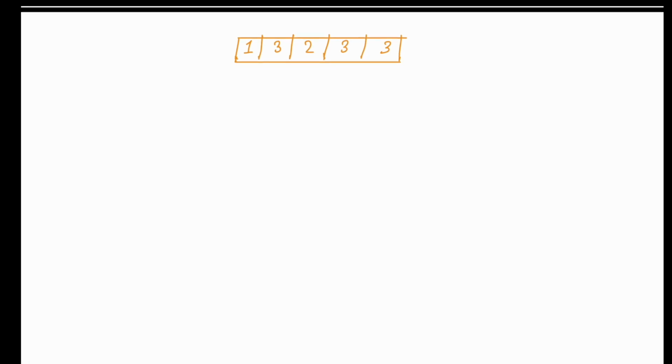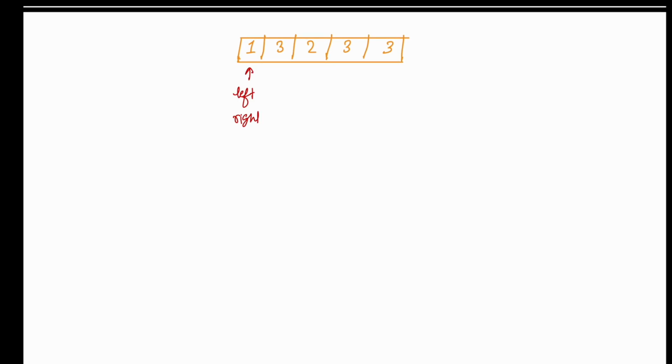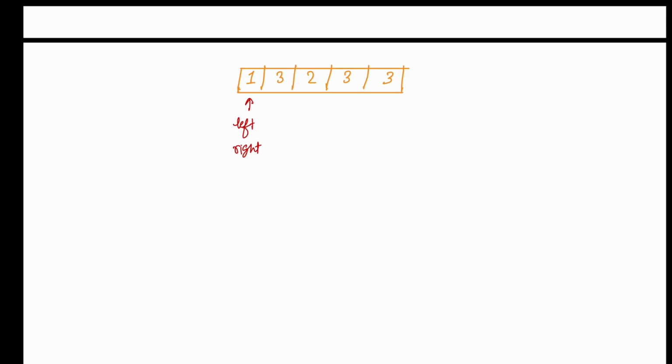So we'll be having left and right pointers over here, and we check whether the count is greater than or equal to k, then we will do something, right?